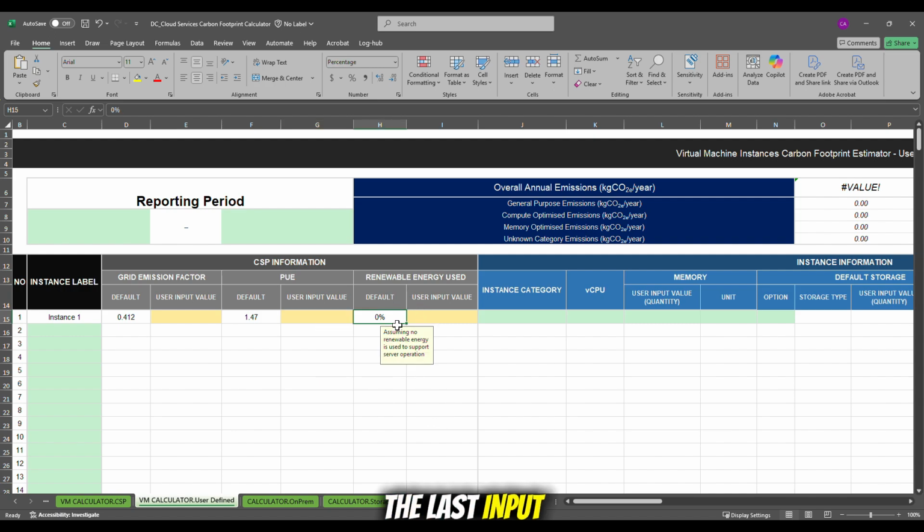The last input required for the CSP information table is the renewable energy used. In consideration of the principle of conservatism, the default value that we have placed is 0%. Not all CSPs have procured REU, and we have deemed it best to put it this way.